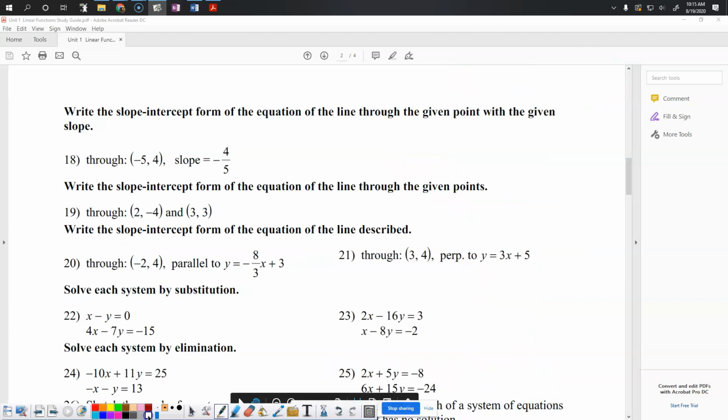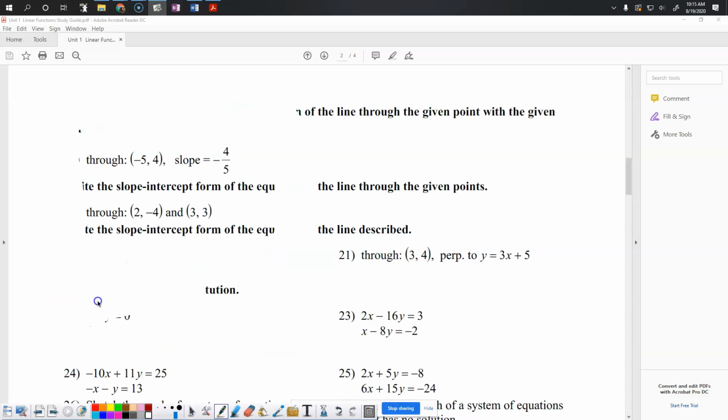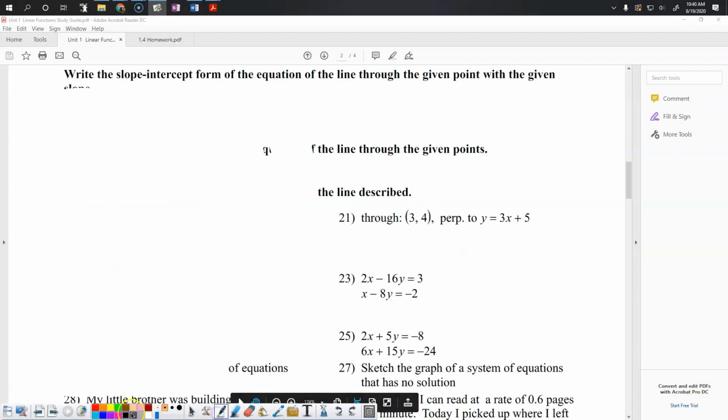The only difference is this time we want perpendicular. And so that's going to create a little bit of a difference in the slope. But other than that, the rest of the process is identical. All right, so let's, oops, wrong color.